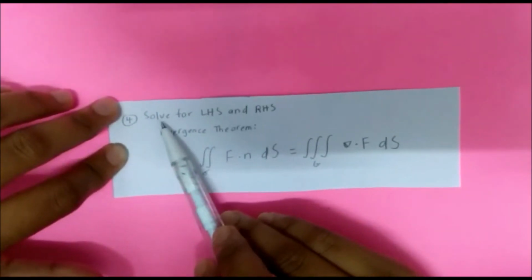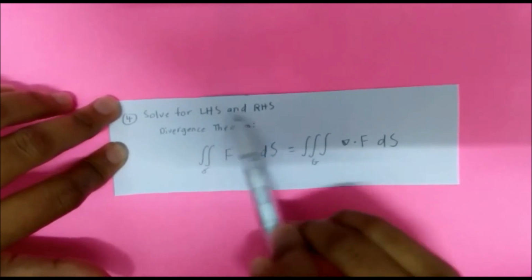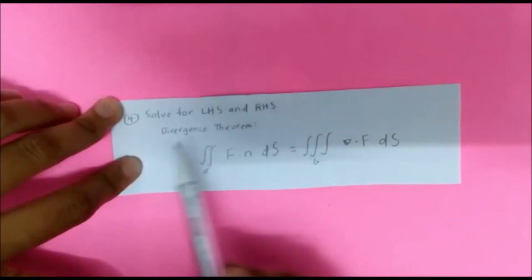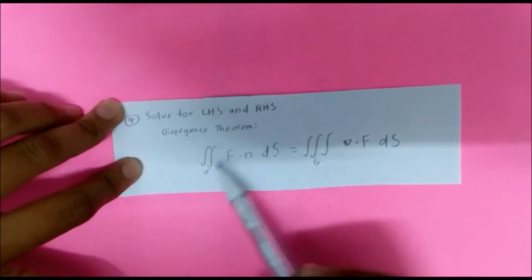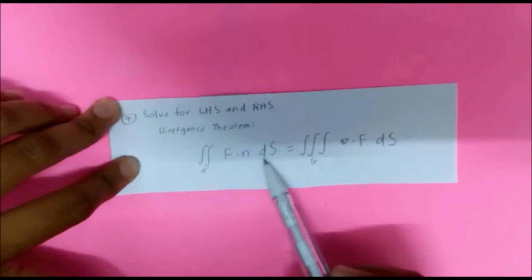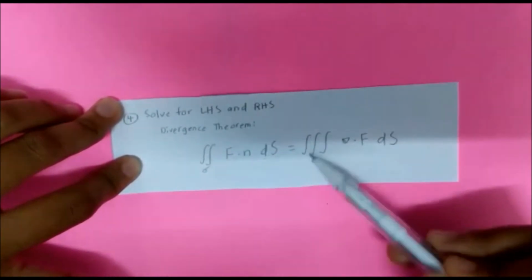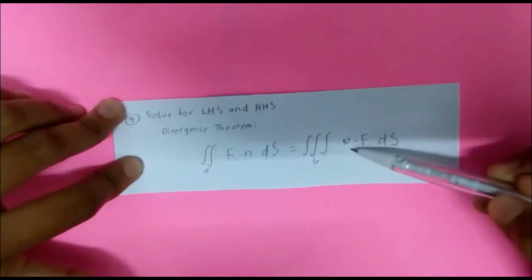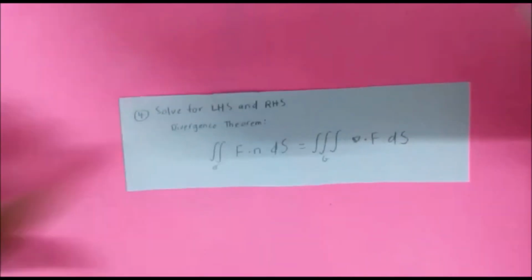Okay, this is the last step, which is to solve for LHS and RHS. We know that the divergence theorem states that the double integral of F dot n dS will equal the triple integral of divergence F dV.